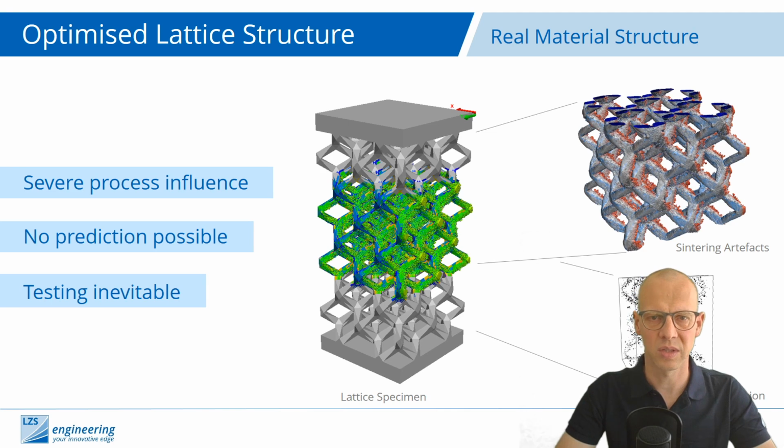And we all know that from a mechanical point of view, it's not only that where there's a void, there's no material, it's also some kind of notch effect, so it decreases your strength in two different ways. And the other effect you have in the powder-based technologies is the so-called sintering artifacts.